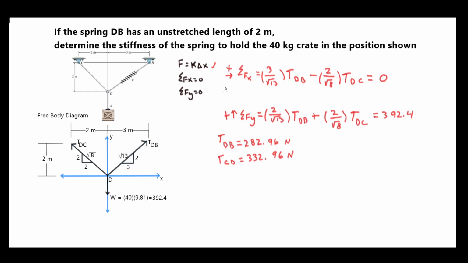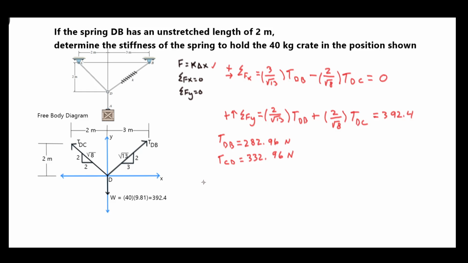Now we have the force for our spring formula here. Now we need to find the stretched length of the spring. Since we're given an unstretched length of 2 meters, and we know that the entire length of this tension here is the square root of 13, we can find the length of the stretched spring by just subtracting the unstretched length from the total length.